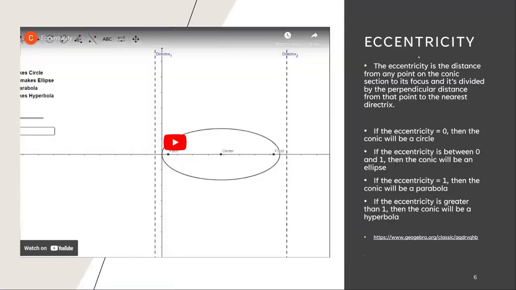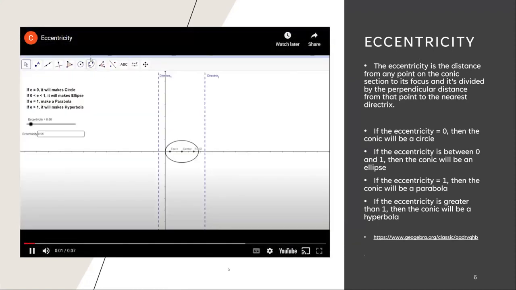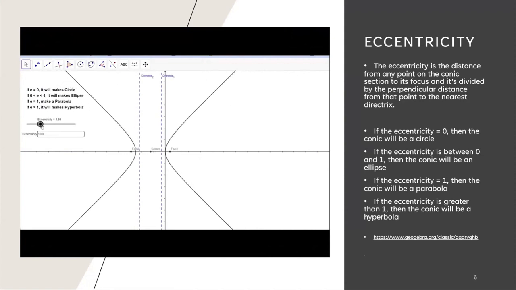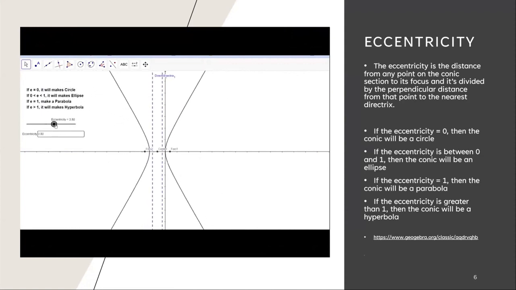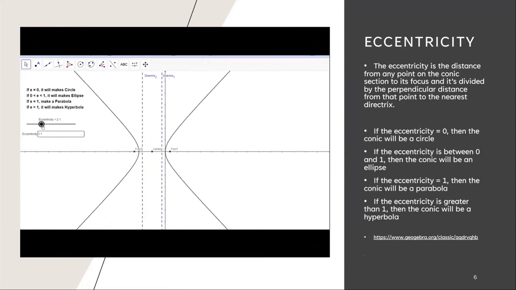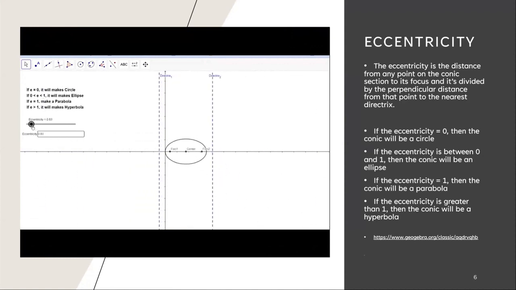So we'll discuss a little bit more about eccentricity later, but as an introduction, eccentricity is basically how far a shape can stretch, such as if the eccentricity is 0, we'll see a circle. And in this GeoGebra illustration, as the eccentricity goes down to 0, you actually see the circle.